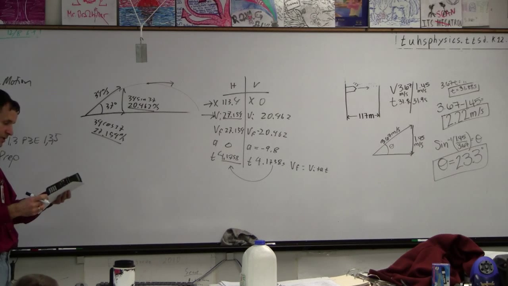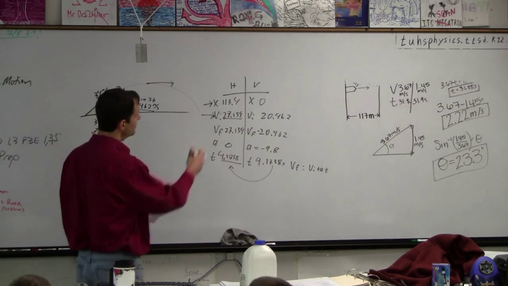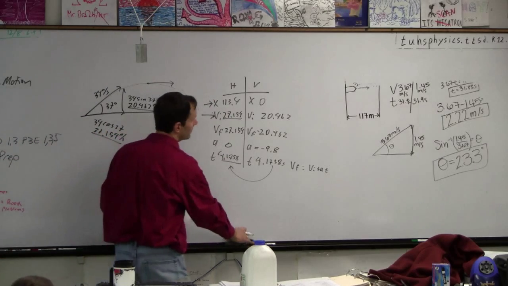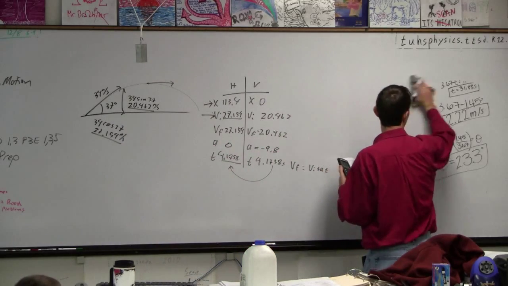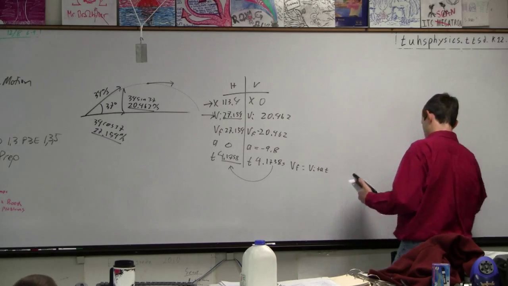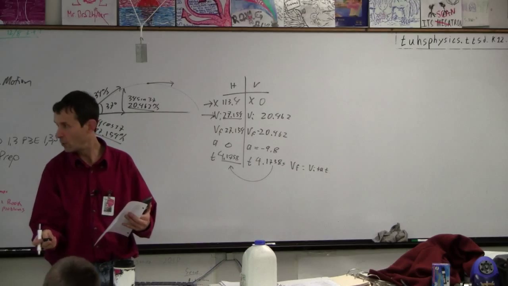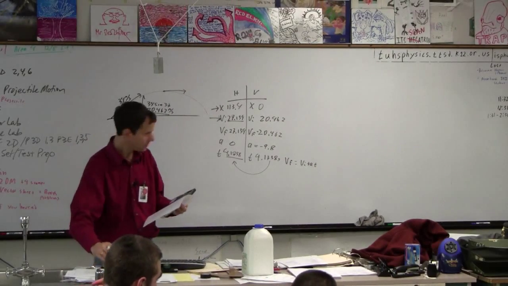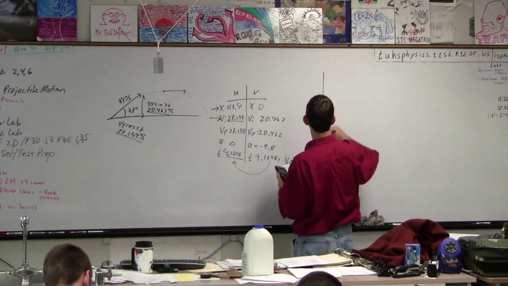And then it says, what is the velocity of the projectile in vector component notation when it's on the way up at an elevation of 10 meters? Oh, good golly. How can we do that? Well, we need to re-SUVAT it, right? I need to erase this.